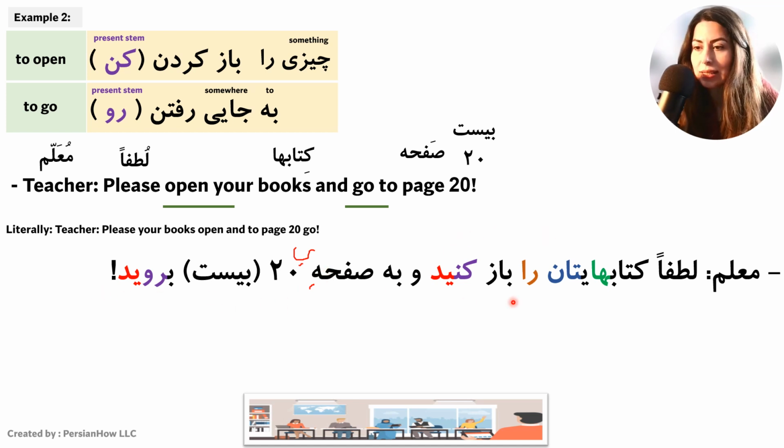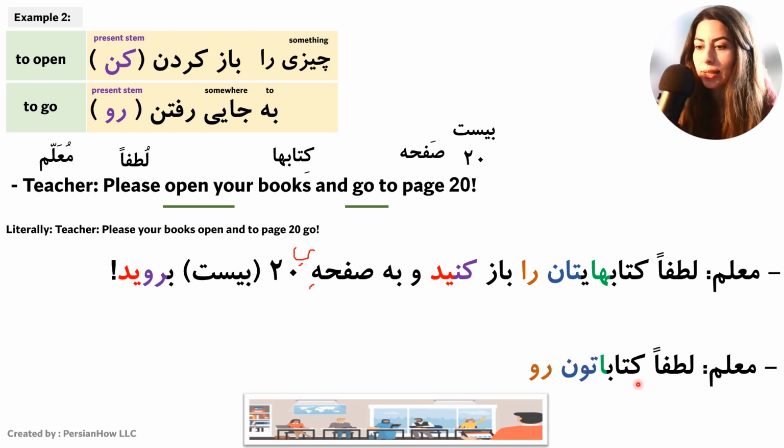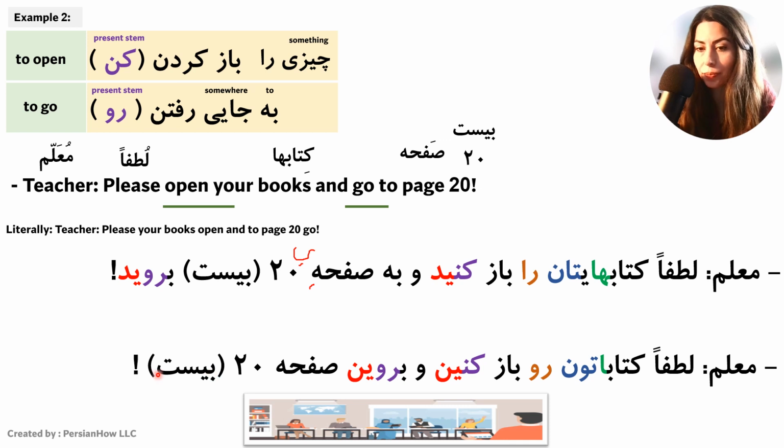So this sentence now is just too structured, too formal. We don't actually speak like this in the spoken language. So let's see how it changes in the spoken form. لطفاً کتاباتون رو باز کنین و برین صفحه 20. All right. What changed? The first thing is کتابهایتان را changed to کتاباتون رو.